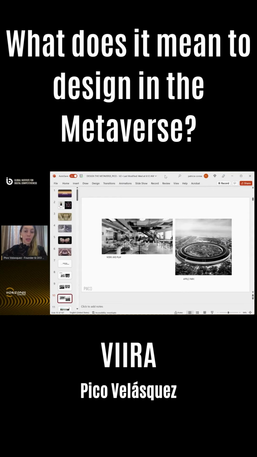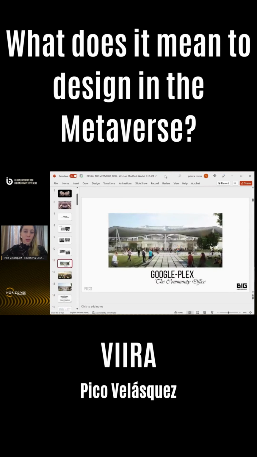And then from this element of being able to mix work and play and having an environment that is more flexible for the user, we see new buildings, for example, the Apple Park by Foster, which really enhance this new form of behavior. And with Google, the idea here is that we really want to focus on what it means to have a community office.